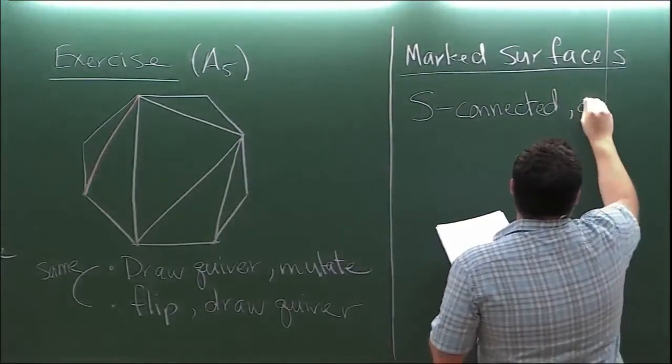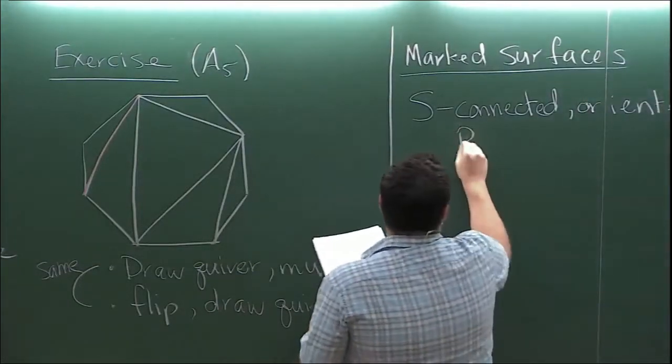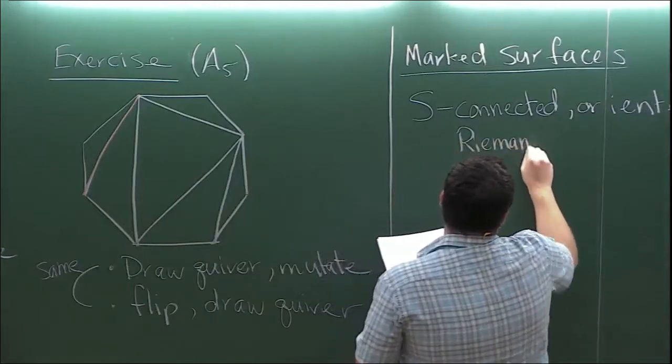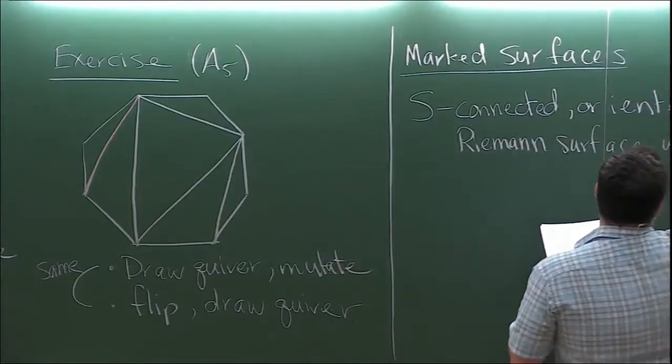So S is a connected, oriented Riemann surface, with or without boundary.